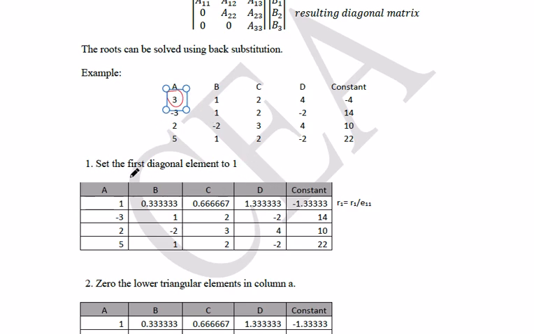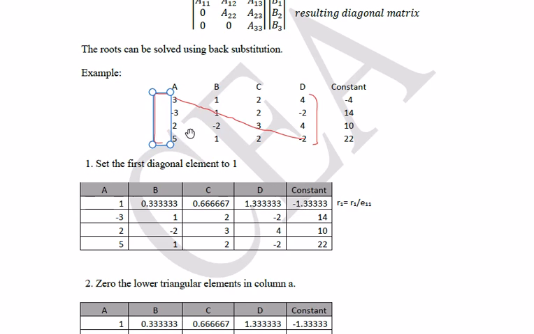Or we must make this first diagonal element 1. So what is the diagonal of this matrix? This is the diagonal of this matrix.